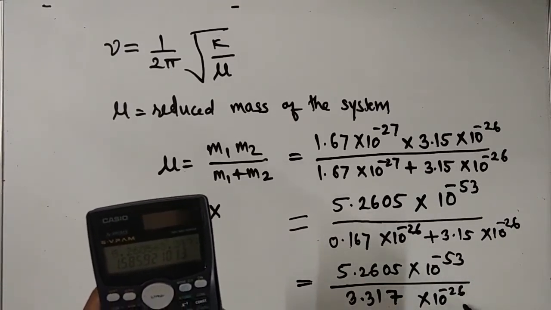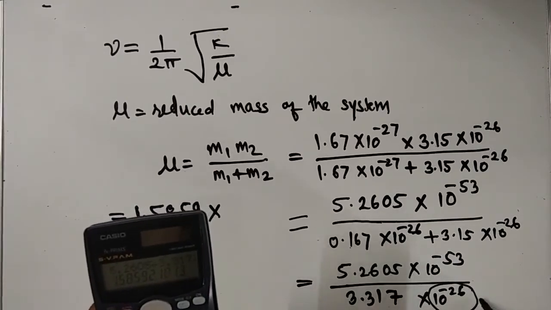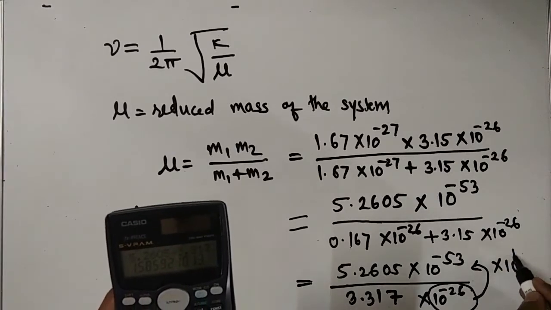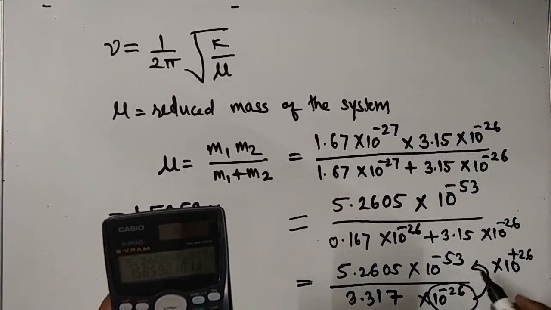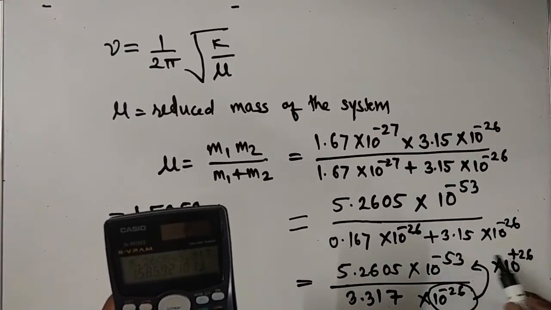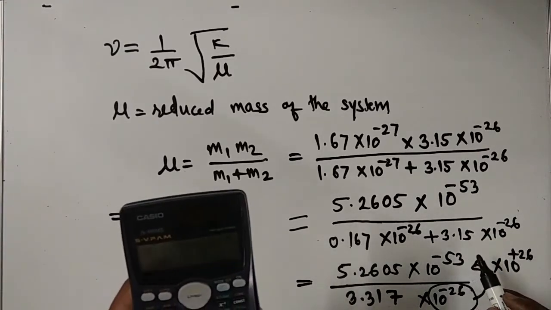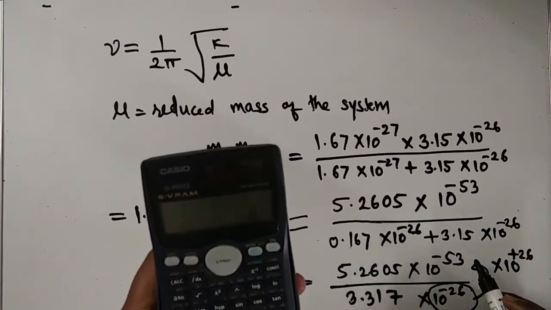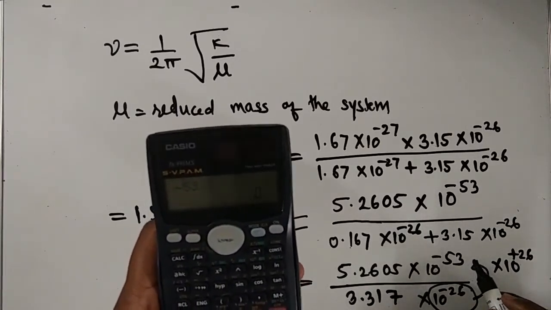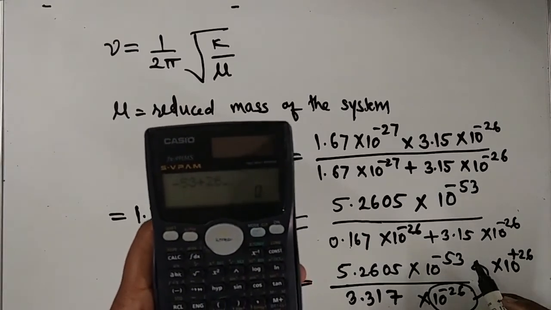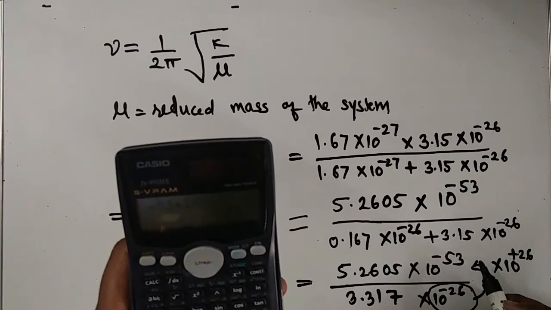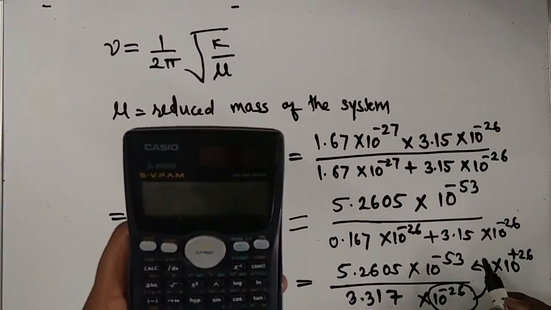So I can write into 10 raised to plus 26. Now this is minus 53 and plus 26. If we add these two terms, minus 53 plus 26, we get minus 27.